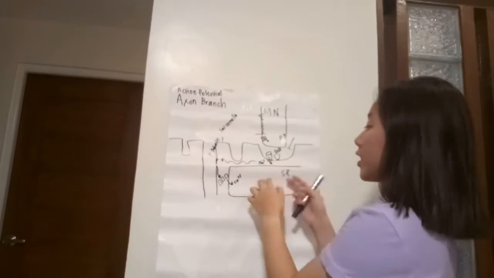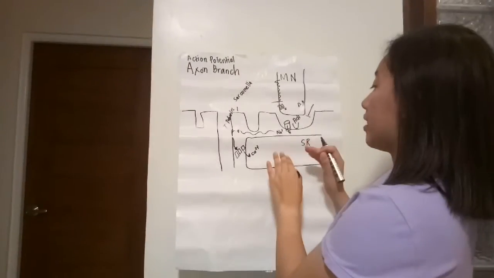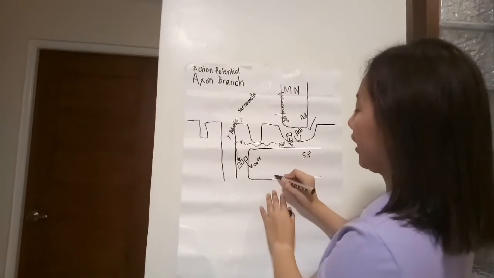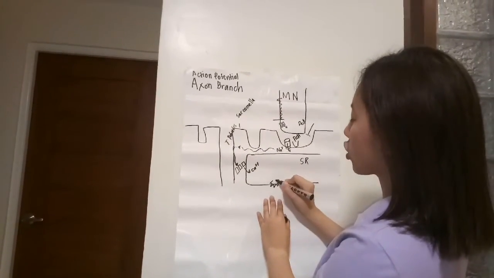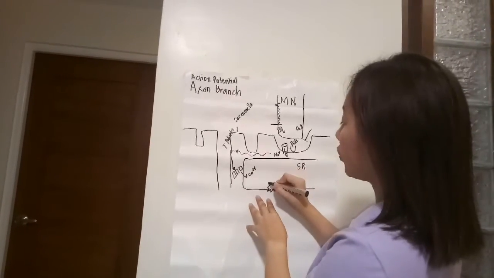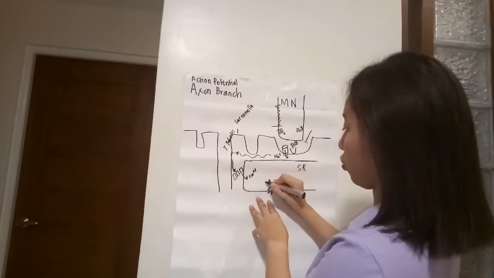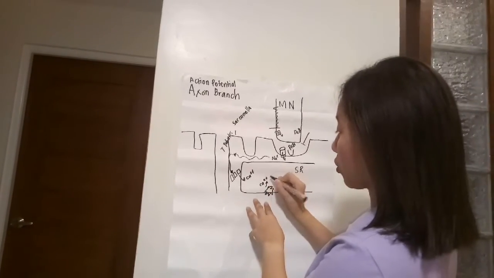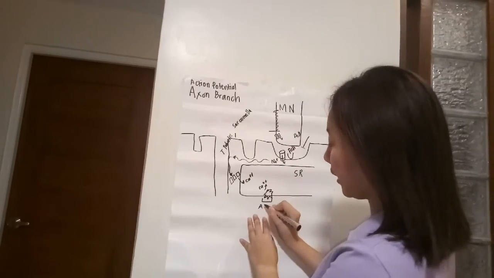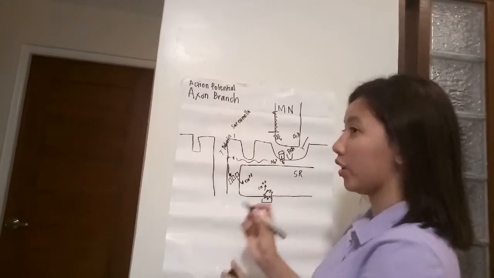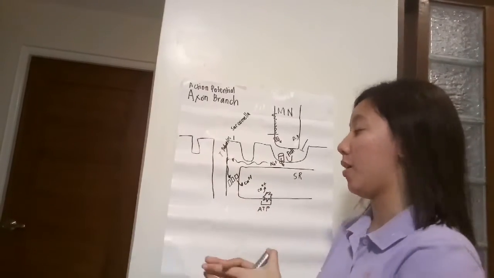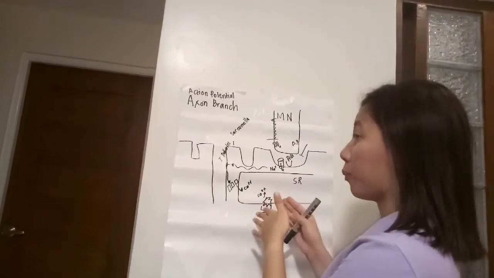inside the sarcoplasmic reticulum. And inside this sarcoplasmic reticulum, we already have a calcium pump. What it does is it releases more calcium with the help of ATP, or adenosine triphosphate. What the ATP does is it powers the calcium pump.